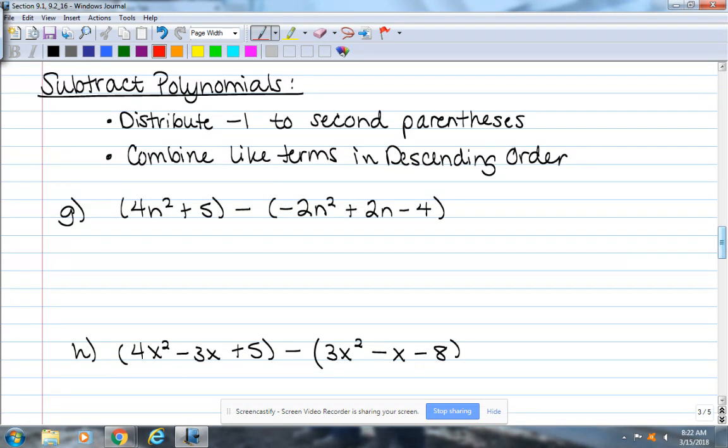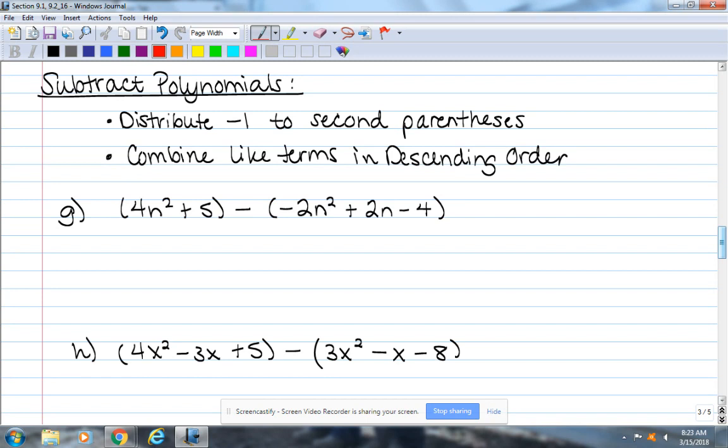Subtracting is just like adding, but you got one more step to do first. So subtracting is very similar to adding. You just got one more step to do. And it's the step at the very beginning. So you look between the parentheses of the two polynomials and you see a minus sign.